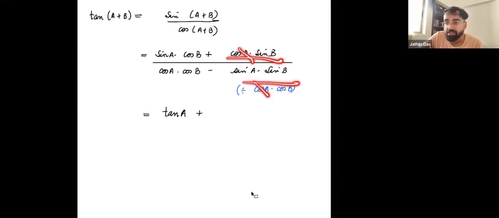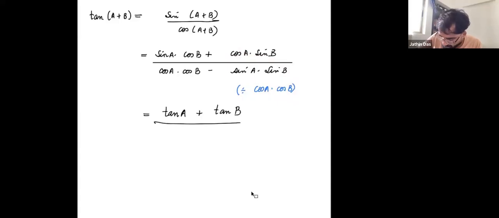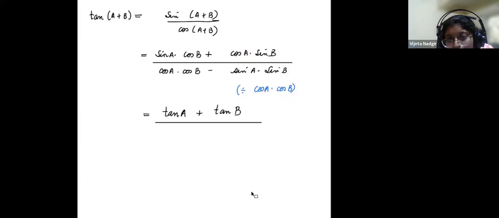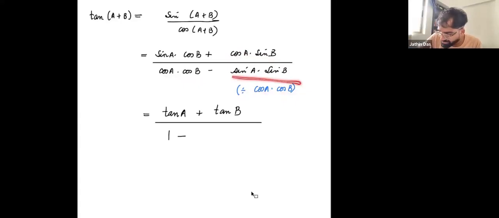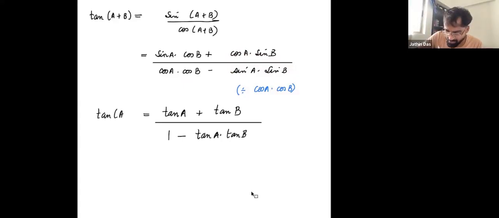Cos A cos A. Sin B by cos B, tan B. 1 minus tan A tan B. So you might have studied this formula. You remember? Tan A plus B.